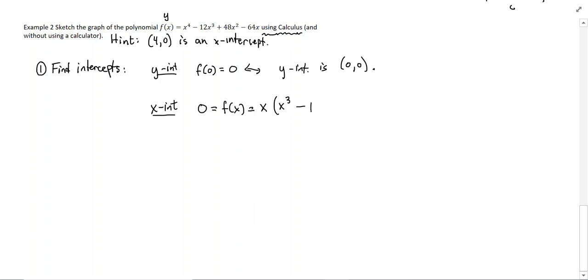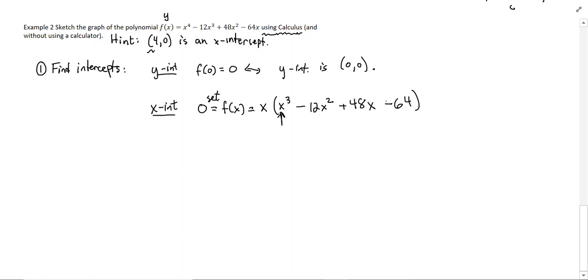That leaves x cubed minus 12x squared plus 48x minus 64, set equal to 0. Even though we've reduced it to a third degree polynomial, it's still not obvious what that factorization might be.